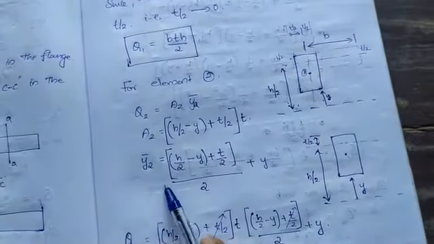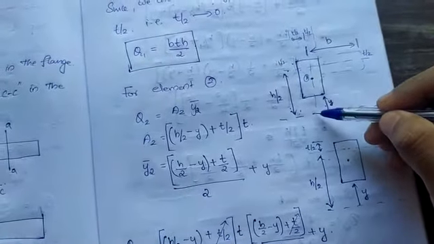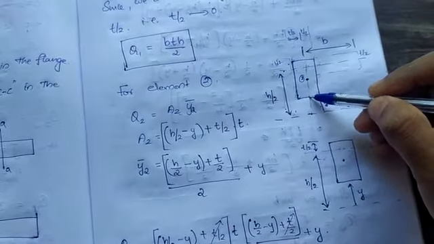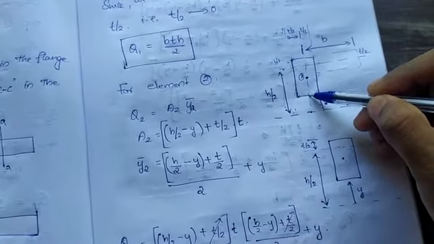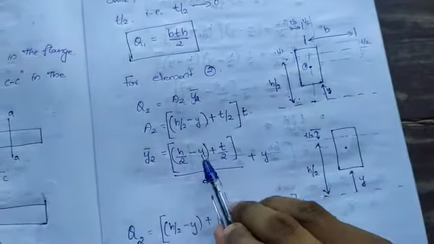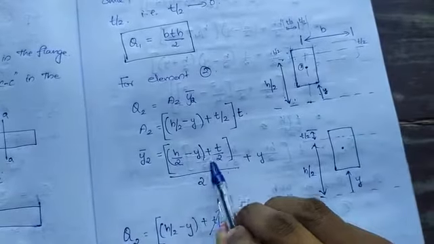Now y2 bar is nothing but from this point to the centroid of this part. How have they applied this? h by 2 minus y plus t by 2, divided by 2.